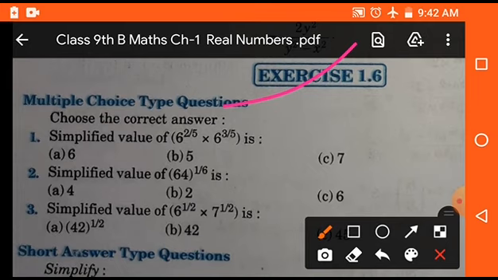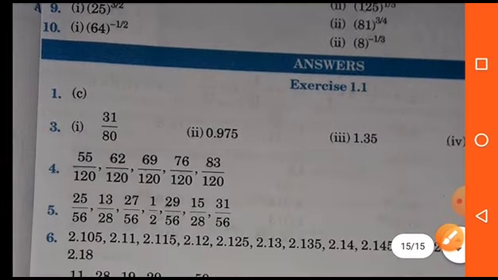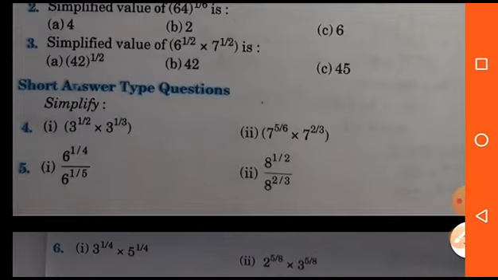So by using the properties, by using the laws of exponents, you can solve this exercise easily. And student, this is your homework: solve all the exercises very carefully and read all the important instructions and all the important definitions. After reading the definitions and understanding the process, you can solve this exercise very easily.